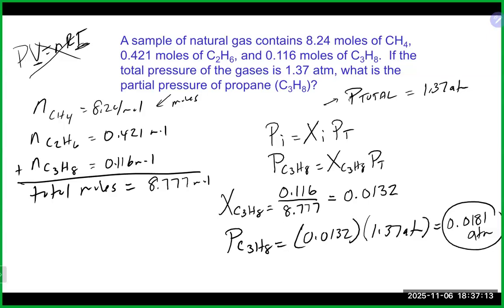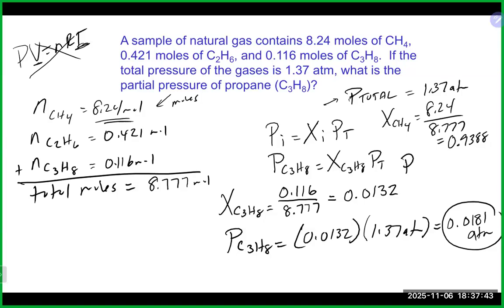We obviously could have done this for the other gases. We can see we have a lot more moles of methane. So if we happen to do it for, say, methane here, we'll do our mole fraction for methane, which would be in this case 8.24 divided by 8.777. That would give us a mole fraction for methane of, and obviously it wasn't asked for, basically 94% methane.